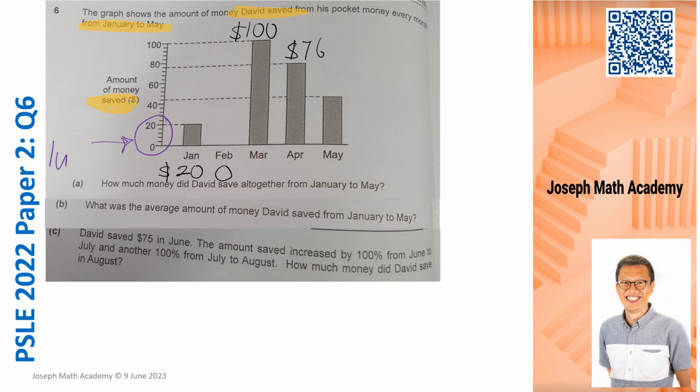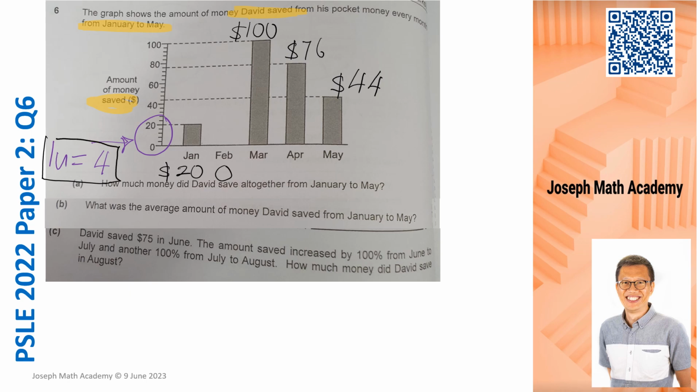What is the increase? Actually, 1 unit is $4. That's how I got my 76 for the savings in April. For the savings in May, it's $44. So remember, one marking is actually $4.